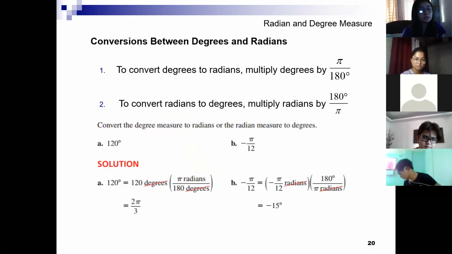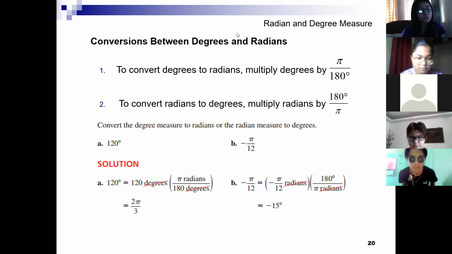So let's try examples. Number 1, letter A. Convert 120 degrees to radian measure. Notice the value 120 degrees. We made the unit degrees to words so that we will have the canceling specified.